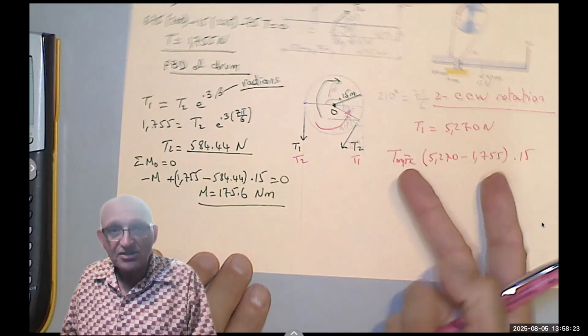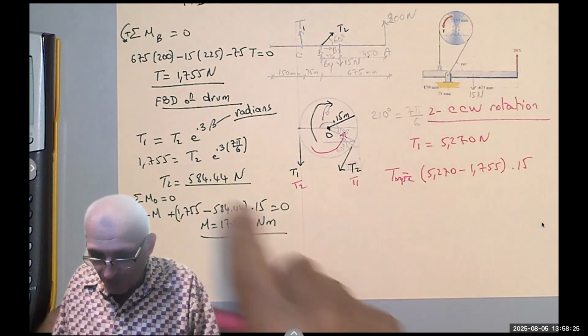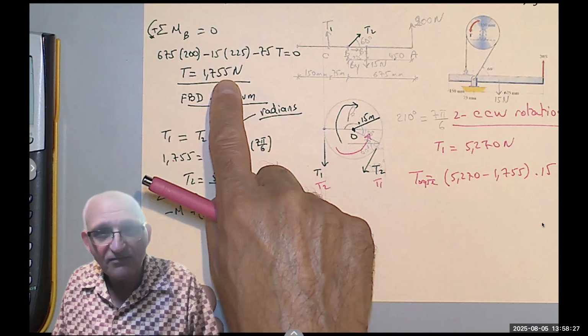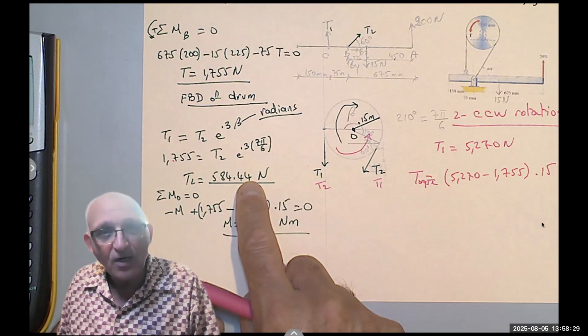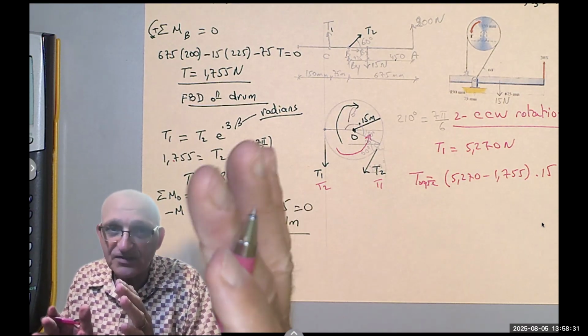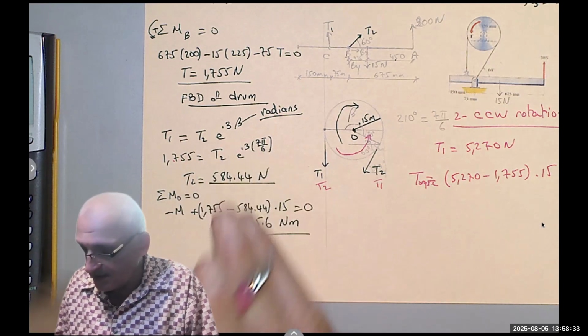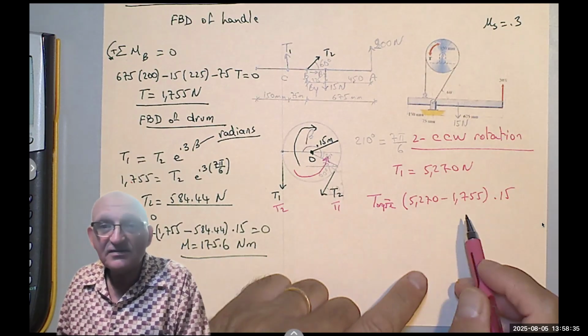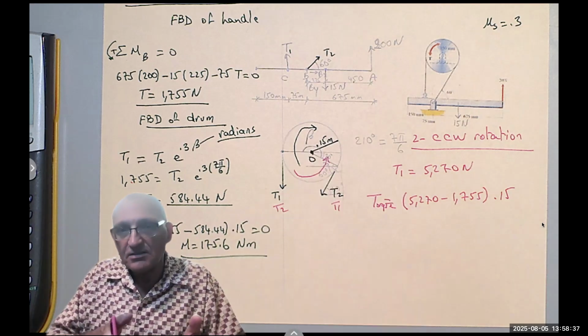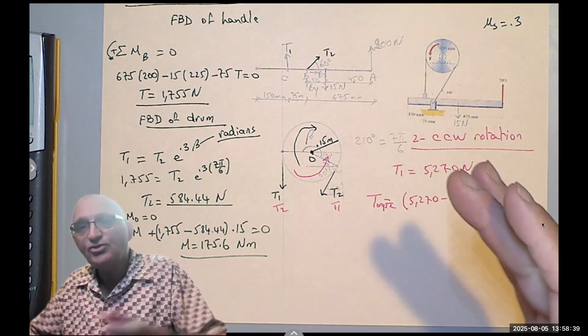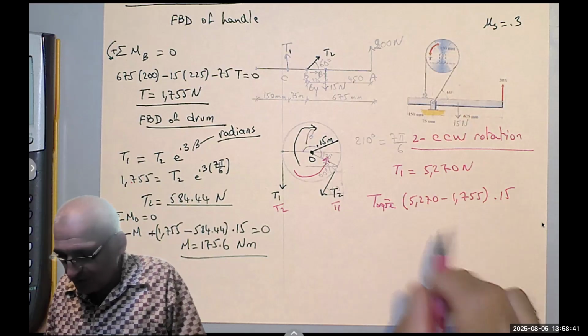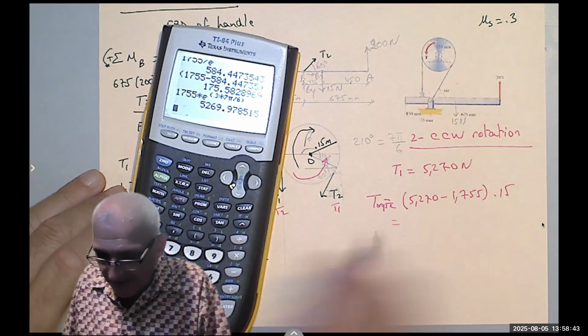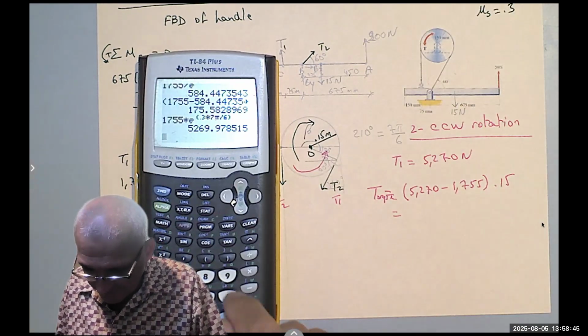So we switch. When the bigger one was 1755, of course, the other one would be smaller, and the torque you can stop is comparatively small. But when the 1755 is the smaller tension, then the other would be a larger value, and you should get a much bigger torque.